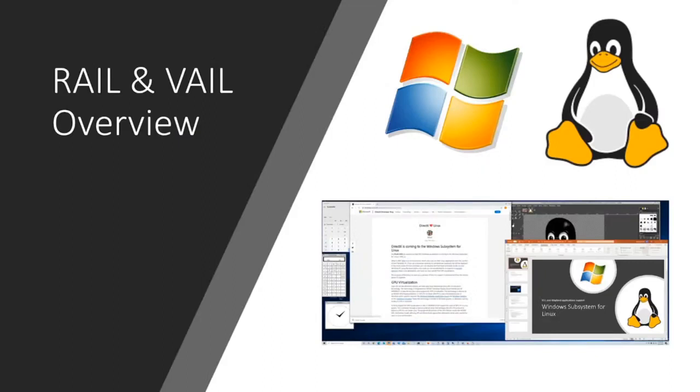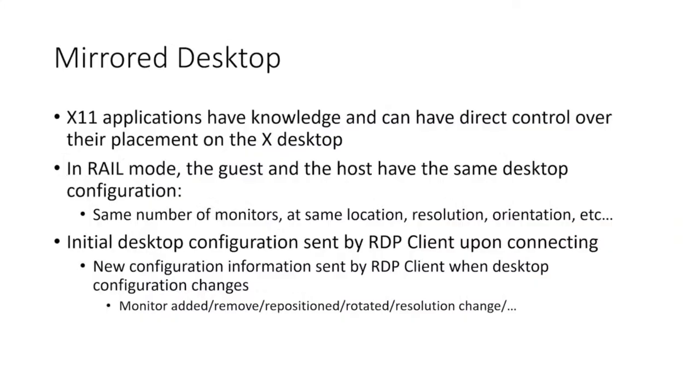Okay. So how does that fundamentally work? The very first thing that we do when we establish the RDP connection in RAIL is we have to mirror the desktop. So for example, if you have 3 monitors oriented a certain way, we're going to mirror that exact position of the monitors inside of the virtual machine.